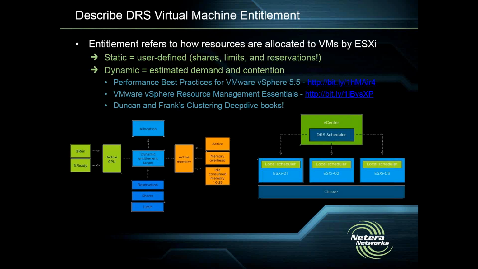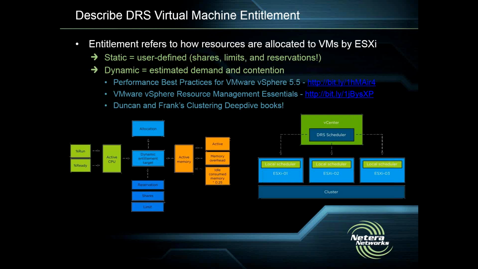Percent run is exactly how much CPU a particular VM is using when this metric is pulled, and percent ready, I'll say now, is one metric that you're going to see again and again and again, not just on the test, but in job interviews, if you administer vSphere environments at all and troubleshoot vSphere environments, you're going to see percent ready come up again and again. So really understand percent ready.